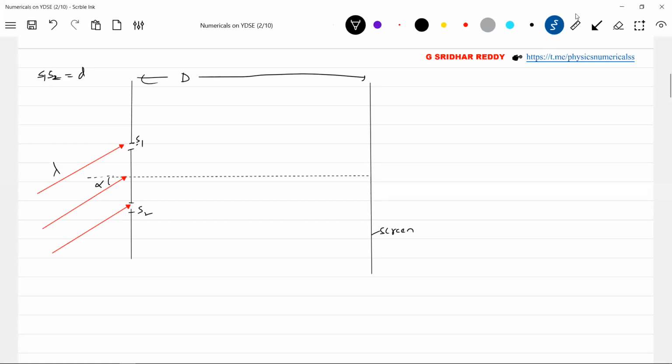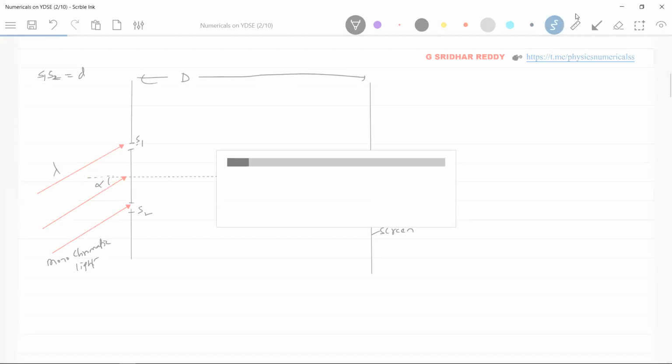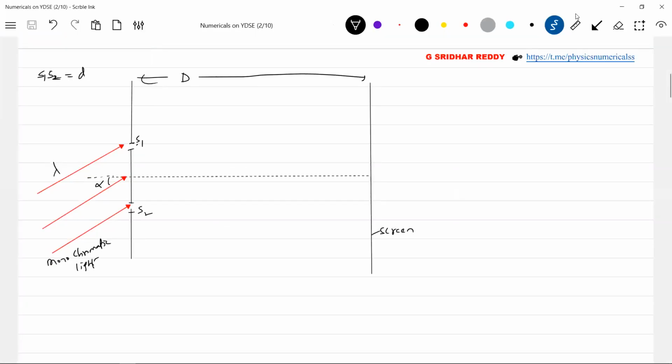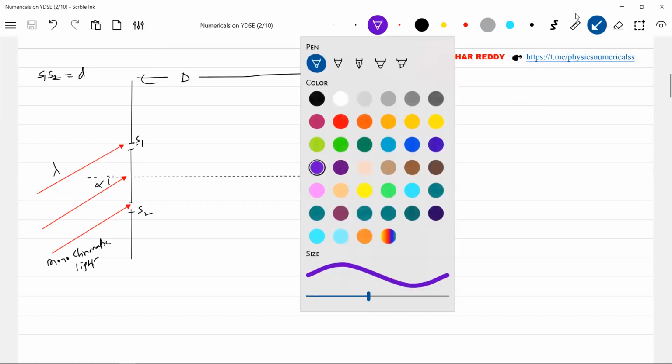There's a monochromatic light. So what method has to be done? As usual, we'll take the two sets of rays.